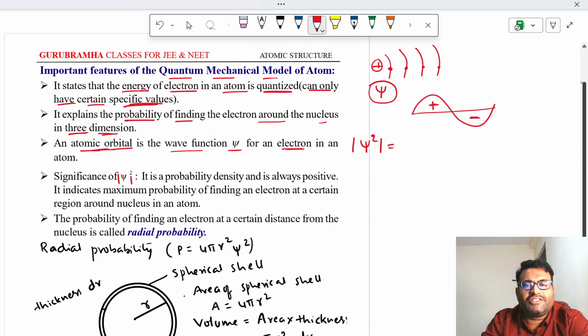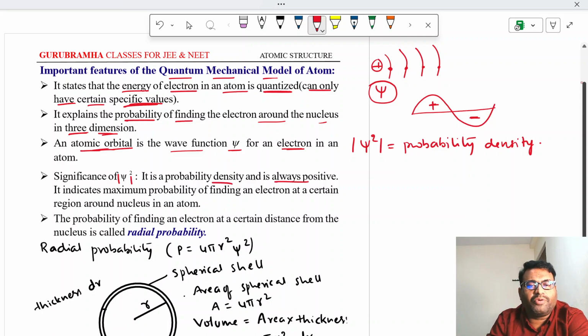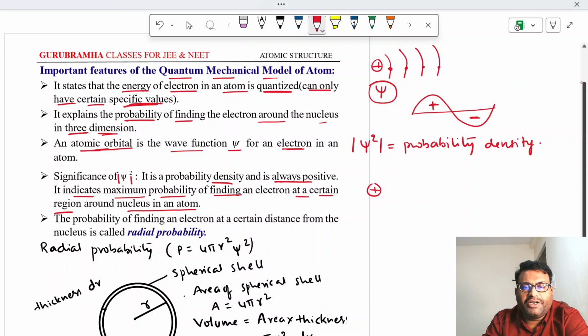So what is this called? Probability density. So probability density is always positive, it cannot be negative, and it indicates the maximum probability of finding an electron at a certain region around the nucleus in an atom. So probability density describes the probability of finding the electron.